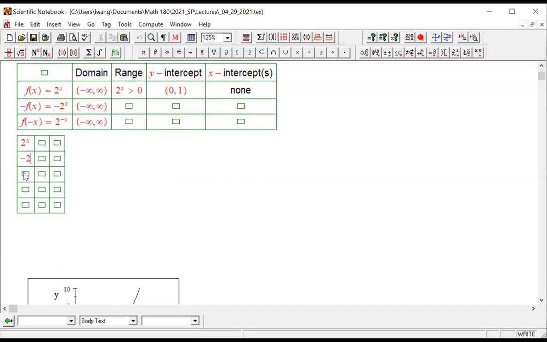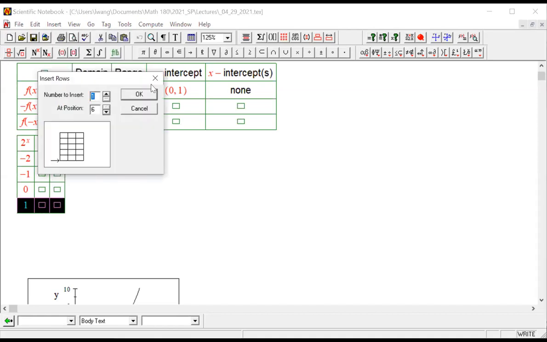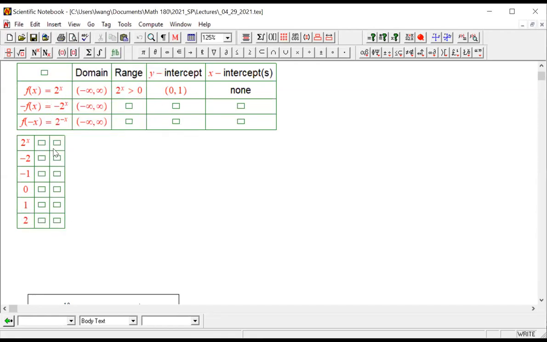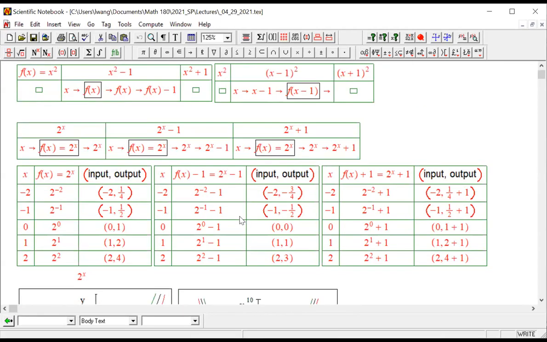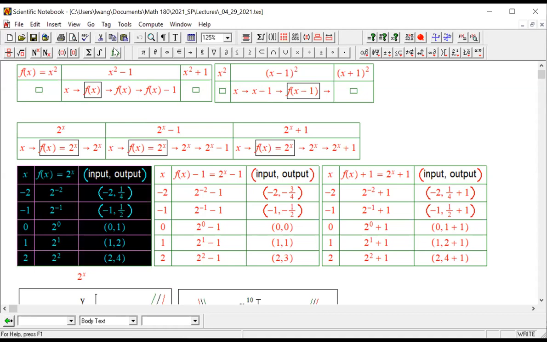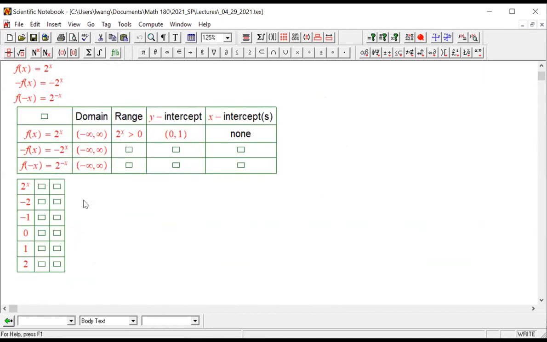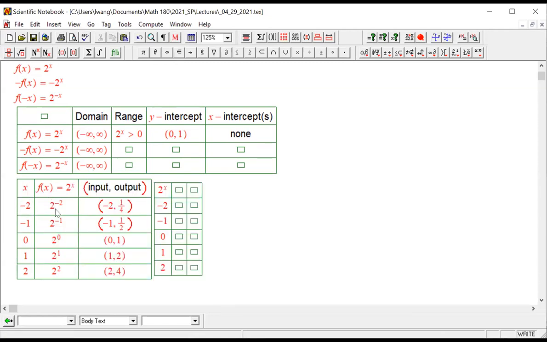Remember we had negative 2, negative 1, 0, 1, 2. Then we plot those points. Let me just borrow from this table, the one we did before. Next, we're going to work on 2 to the power negative x.